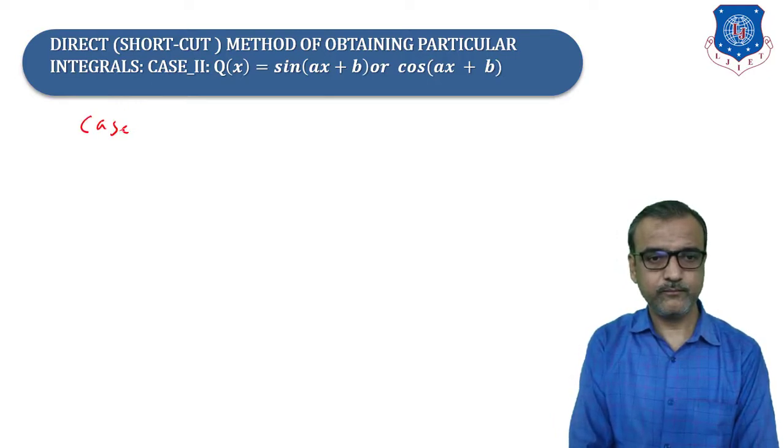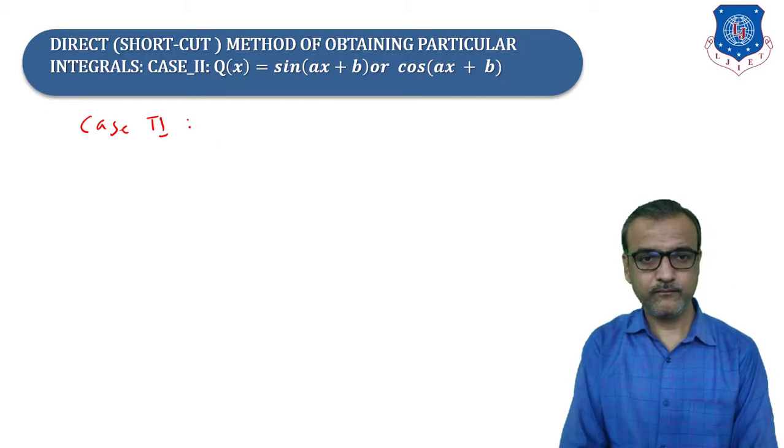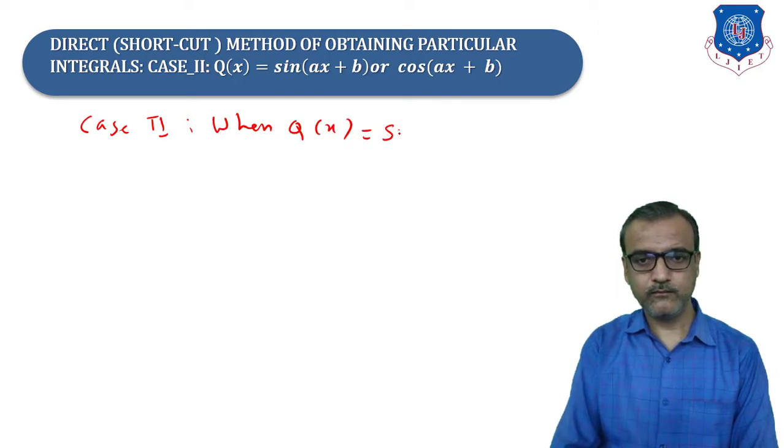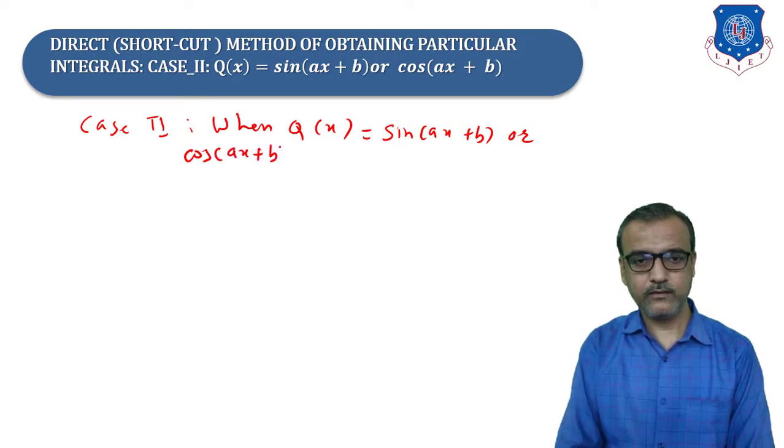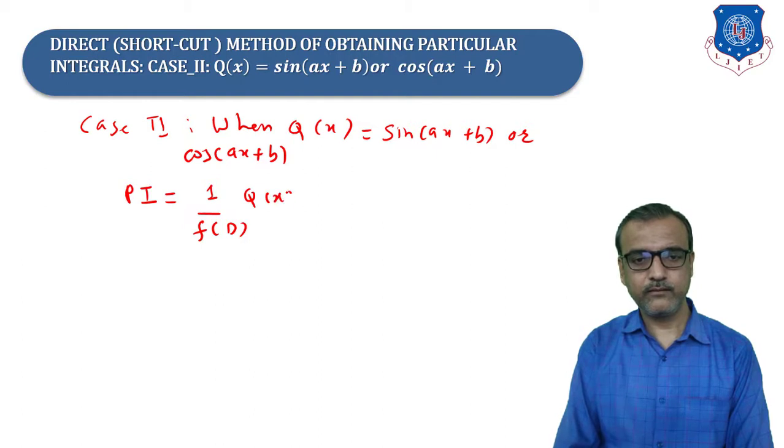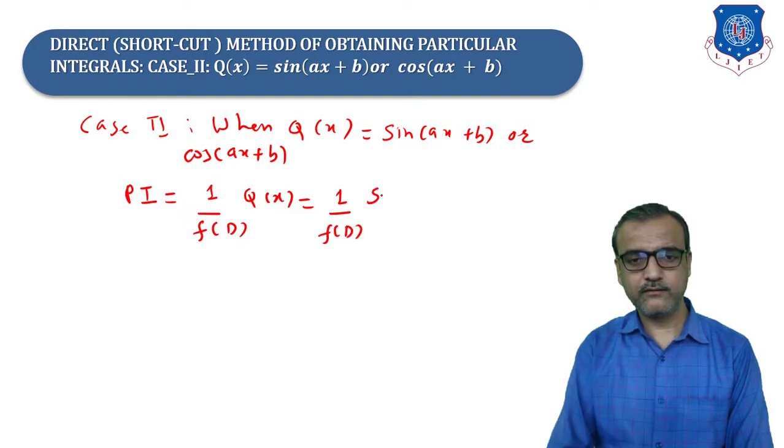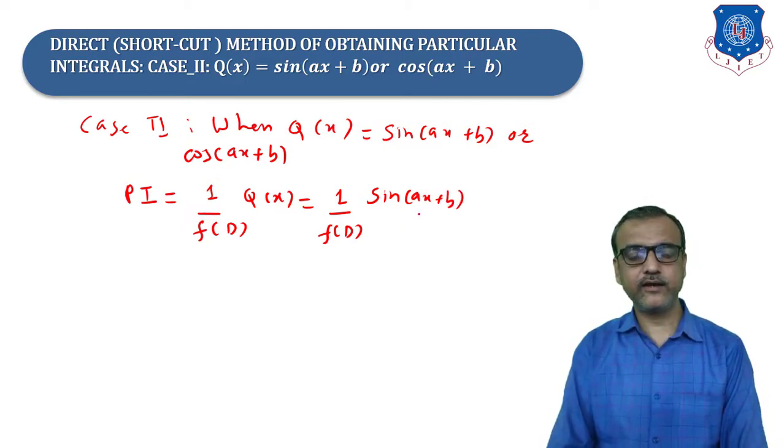Case number 2: when q of x is sine of ax plus b or cosine of ax plus b, PI is given by this formula, particular integral equals 1 upon f of D q of x, and this is equals to 1 upon f of D, where q of x is sine of ax plus b or cosine of ax plus b. Here I am writing sine of ax plus b.